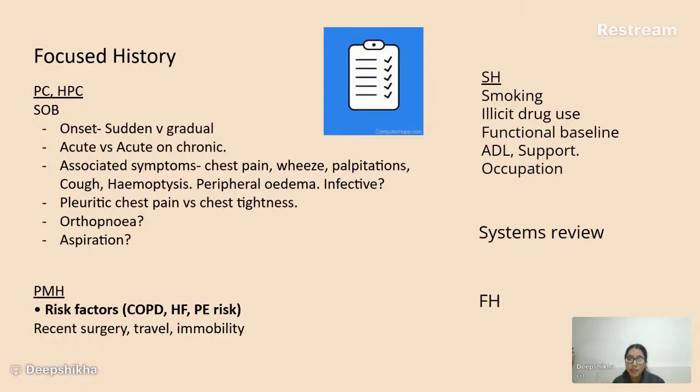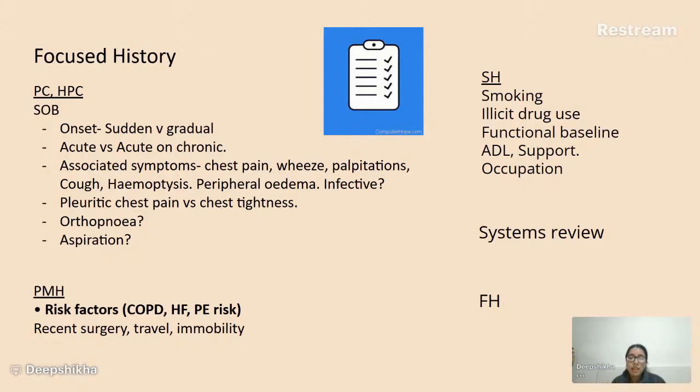Is there any aspiration risk as well, causing you to become short of breath, having those risk factors for aspiration pneumonia? Social history, ask about smoking, any drug use, what their baseline is like, for example if they could walk about a mile, but now they can barely make it to the bathroom. Things like occupation as well, if they've got any occupational risk factors.